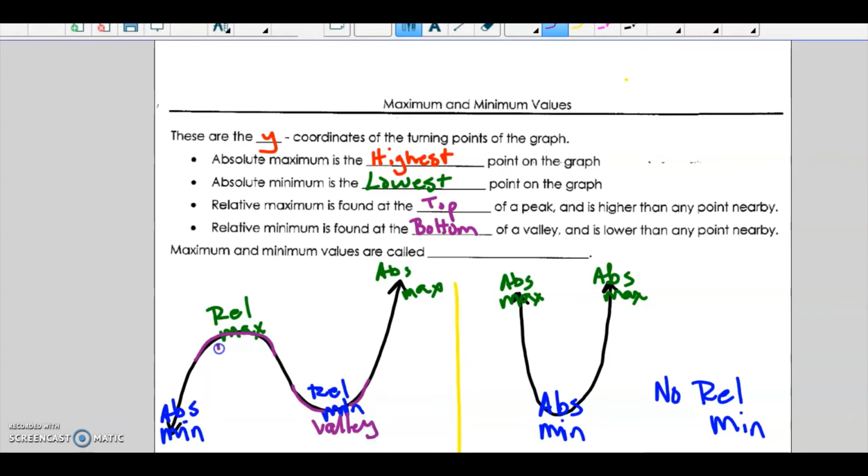This would be a peak, right there. Minimum and maximum values are also called extrema. So you're going to hear us call these extrema. That's the minimum and maximum values of polynomials.